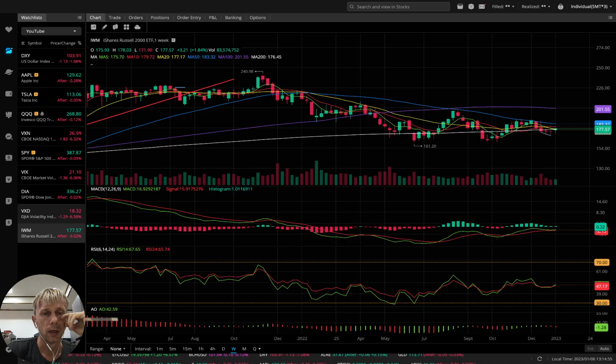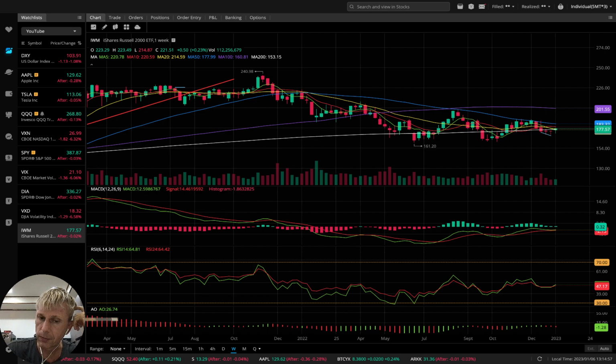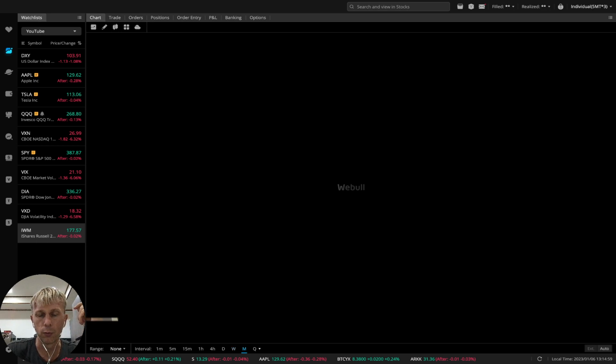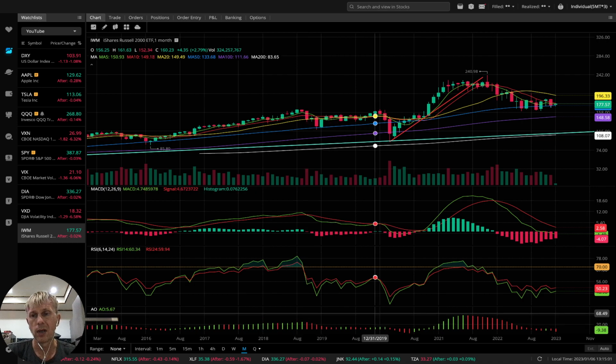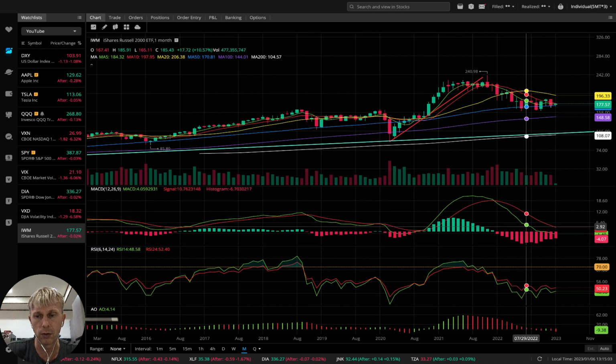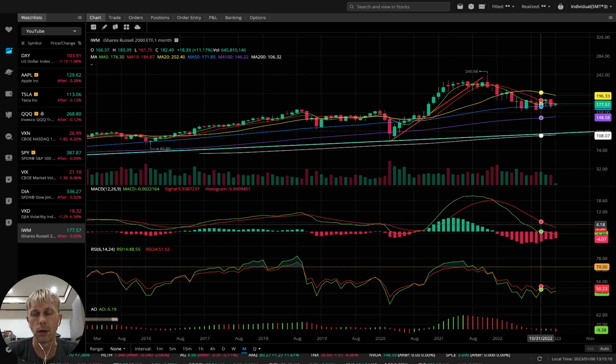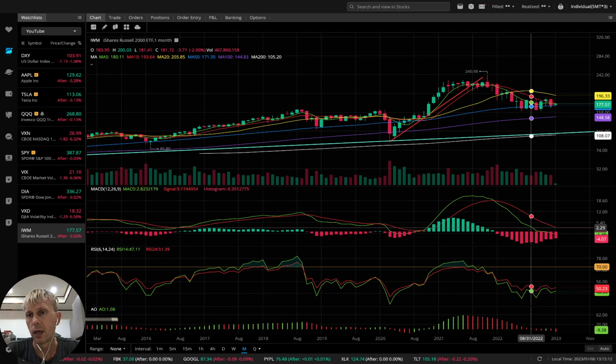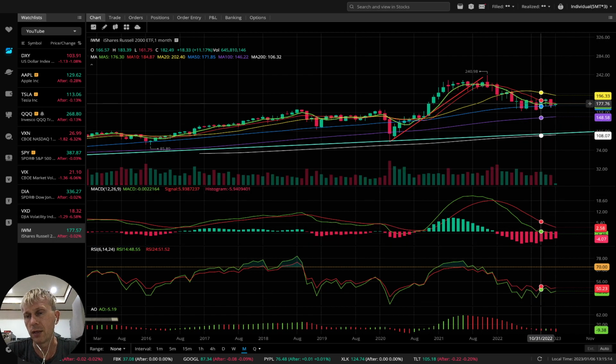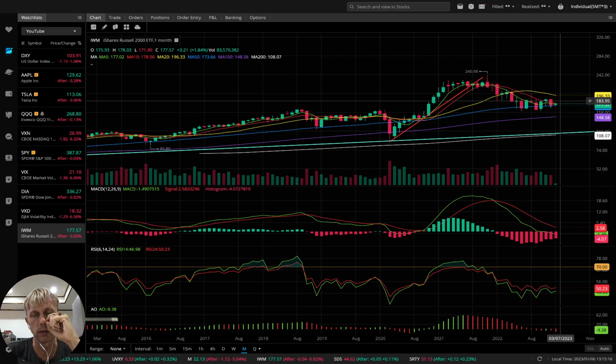Let's move to IWM. It's Russell 2000. Russell 2000 on monthly. On monthly, it's bearish on RSI, awesome oscillator, and MACD, all indicators bearish. MA5 is ready for a bullish crossover.